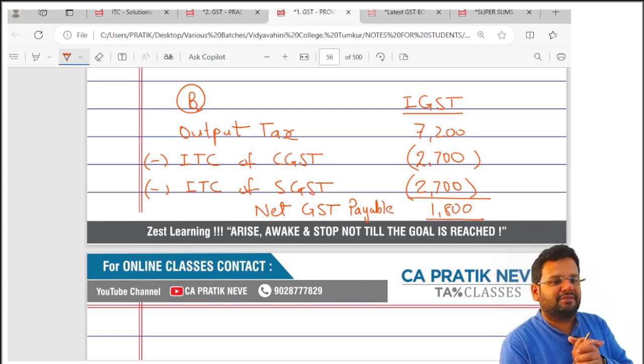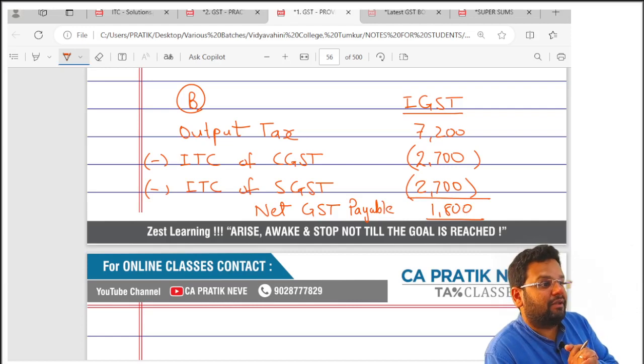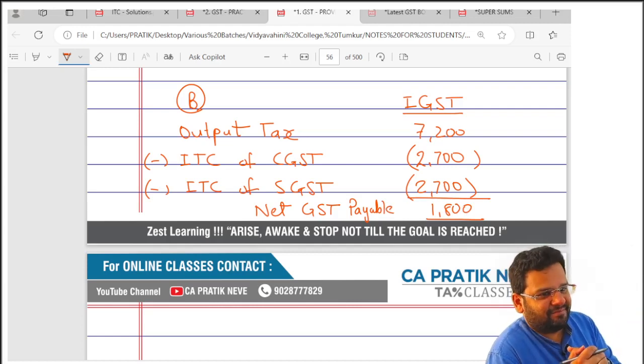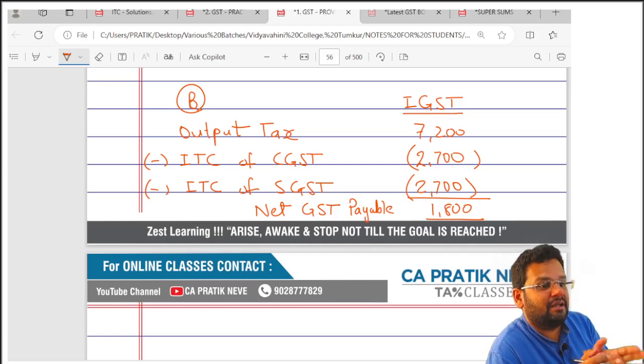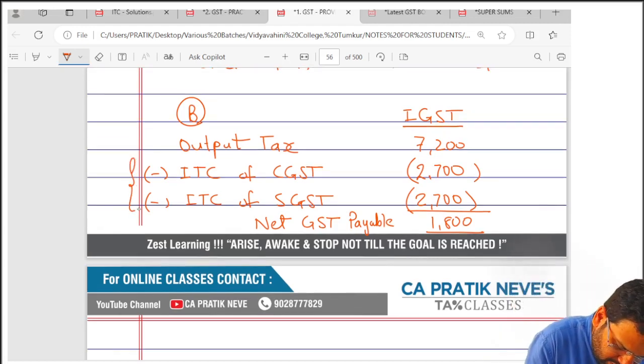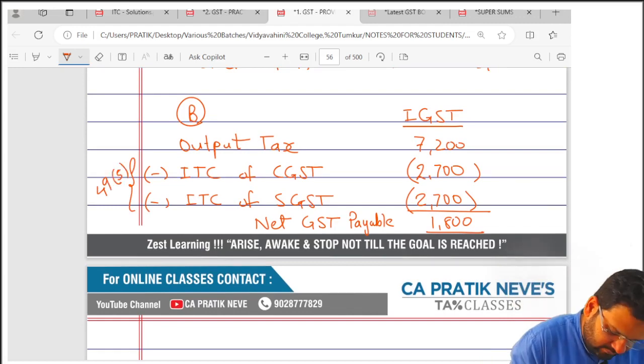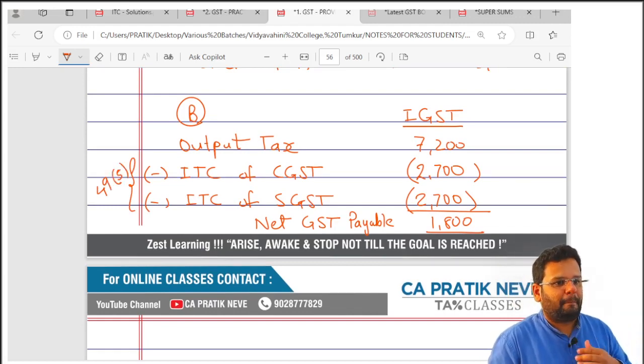And that's what we had discussed on day 1, but not with so much clarity because it was day 1. We had just done output tax minus input tax. Now we are telling you which output tax, which input tax, and legally, because this was done using 49.5. Clear?